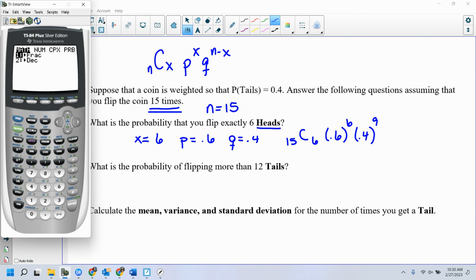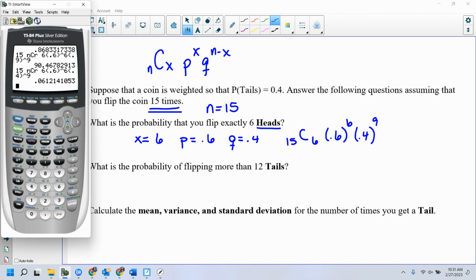All right, so I say 15C6, 0.6 raised to the 6th, 0.4 raised to the 9th. Much better.